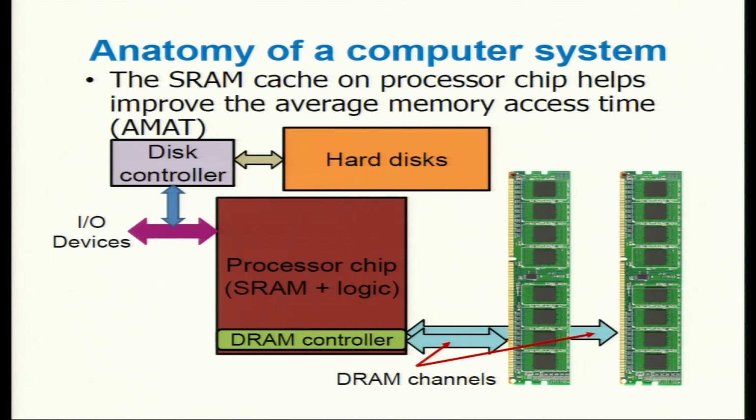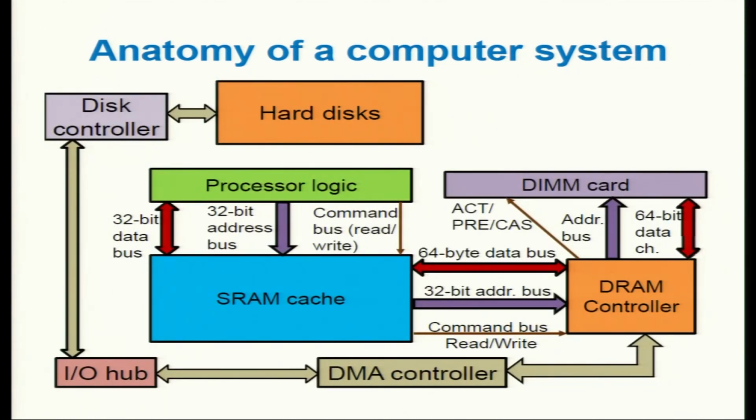On the other side, you have your I/O devices, and one of the very important I/O devices is the hard disk. So I show that specially. The hard disk talks to the disk controller, and then there are these I/O hubs that connect to this. So a more detailed diagram would look like this. You have an I/O hub here, which would actually connect all your I/O devices.